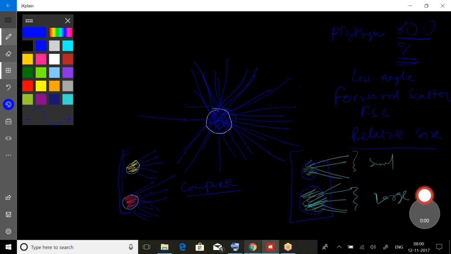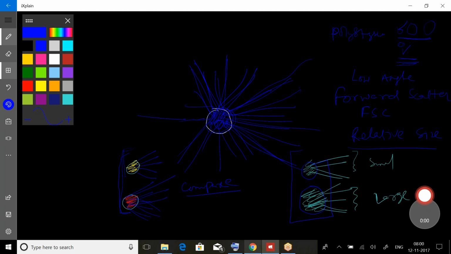What about the large angle scatter? Mie scatter is predominantly about the forward angle scatter.